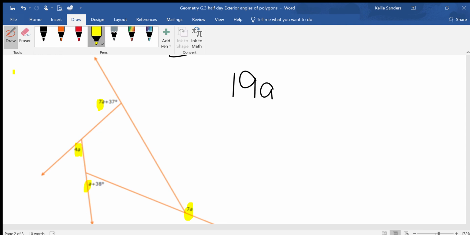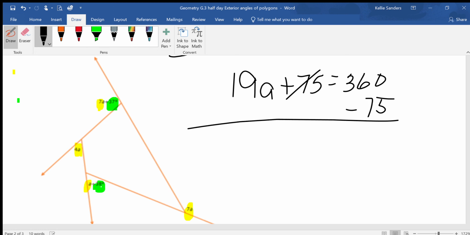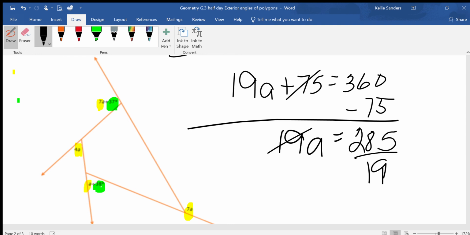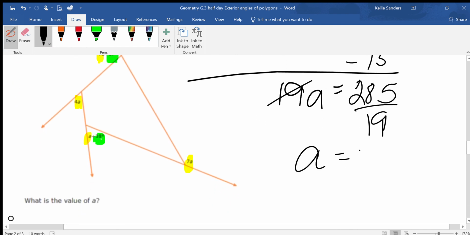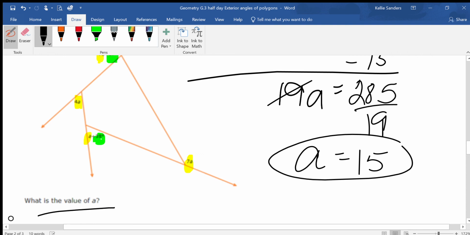Then 37 plus 38, 75 equals 360 minus 75, 285. Divide by 19. A equals, yeah, I know, I should know it, 15. What is the value of A? A is 15.